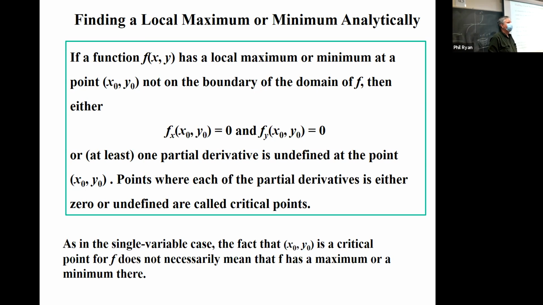Just like that, we can have things in the multivariable case which are also kind of like those. Think of a saddle point. So that's a curve that looks like this in one direction, and like that, perpendicular to it.